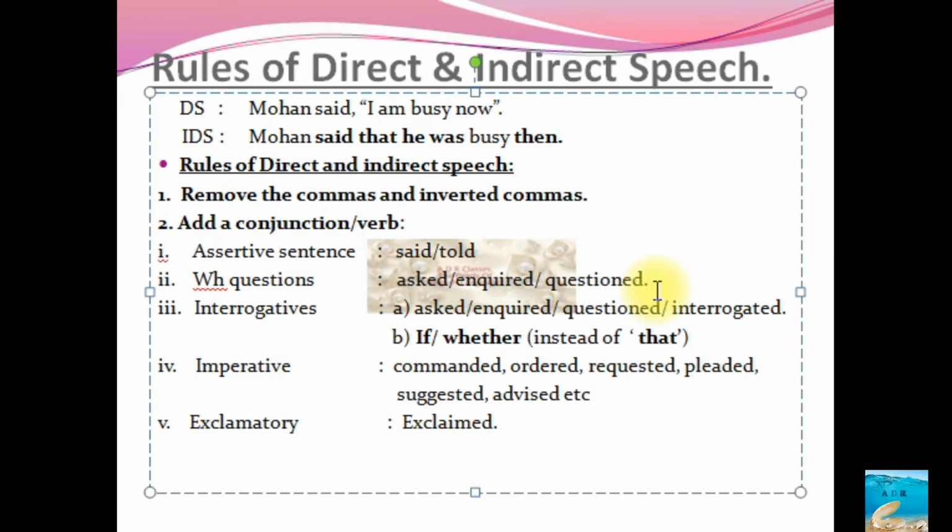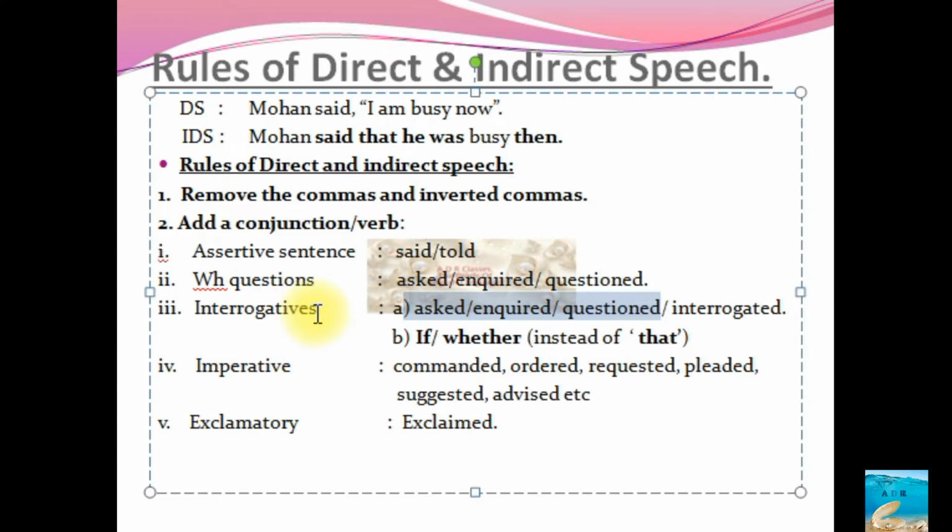Suppose the sentence is neither assertive nor WH. Suppose it is in interrogative form. You may wonder that I have used these words again. Yes, it is used again because interrogative is also a form of question. But it is a short question where the answer is yes or no, isn't it?